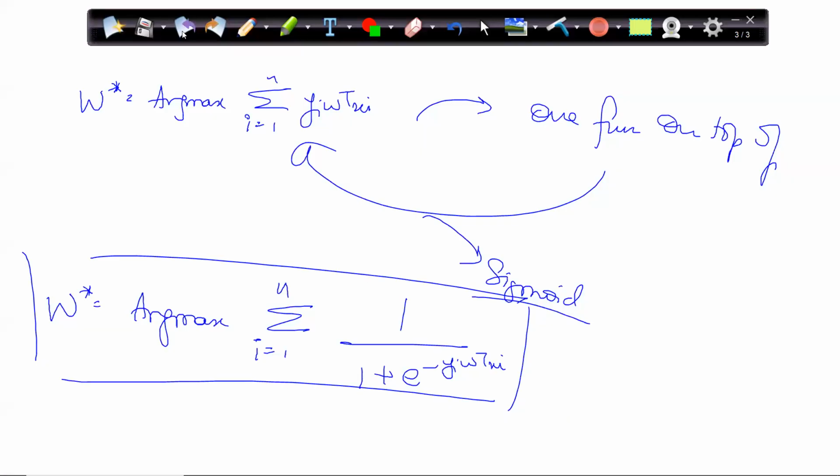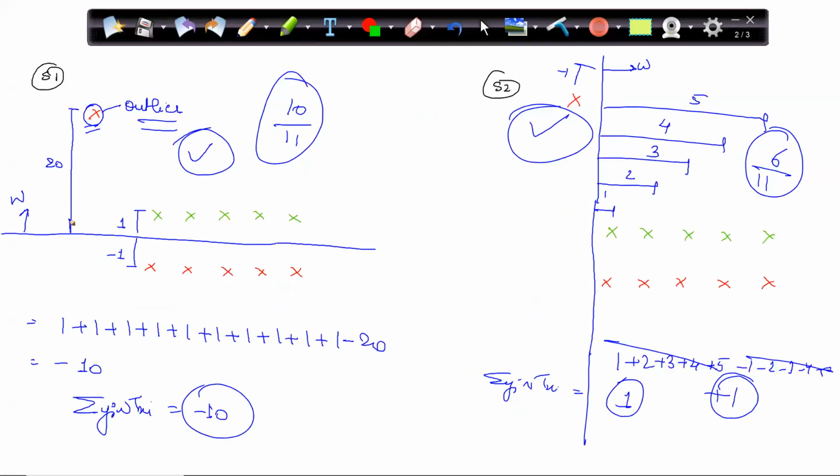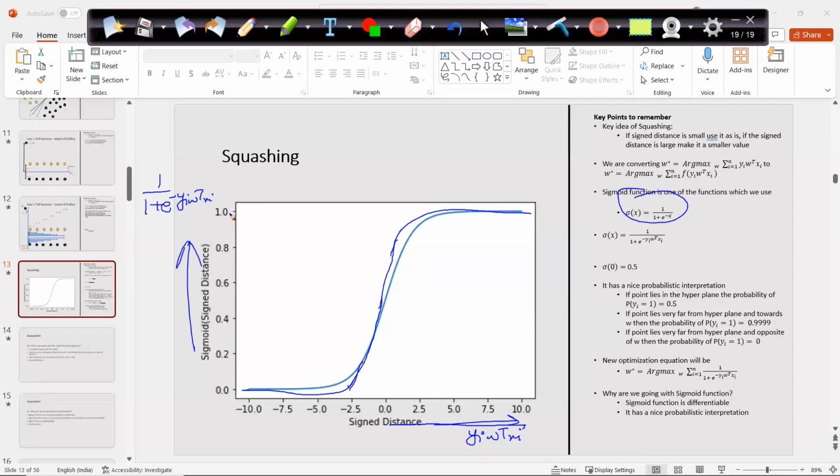That means if I come back to this example, if you are increasing the distance, I will increase. But as you are applying the sigmoid function, I will not increase fully. I will just go up till that point, and after that I will taper off.